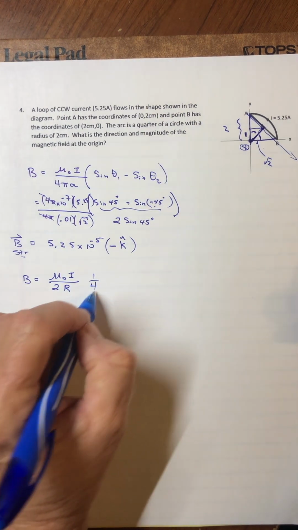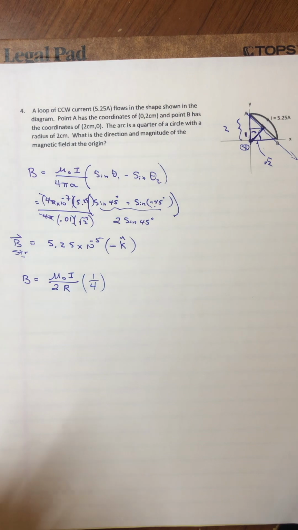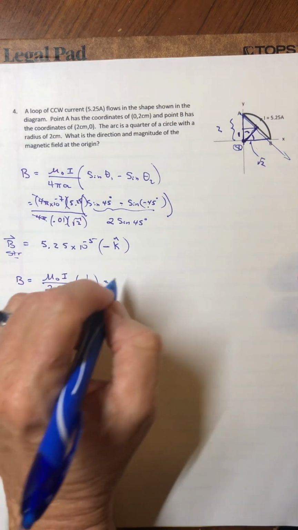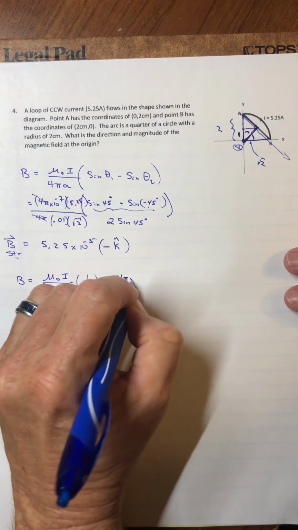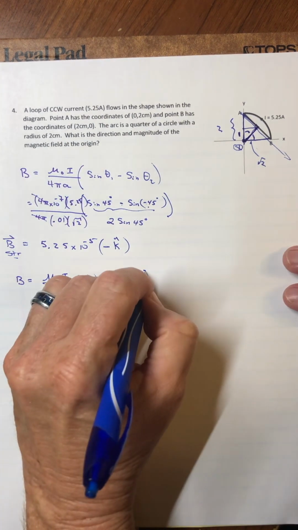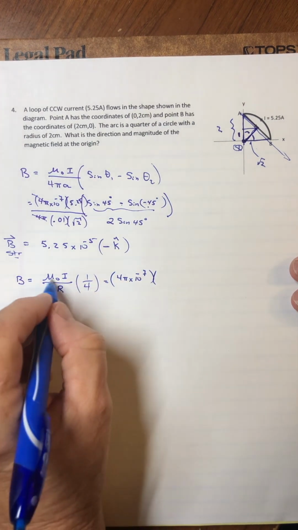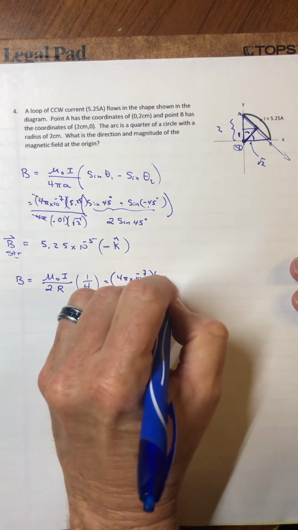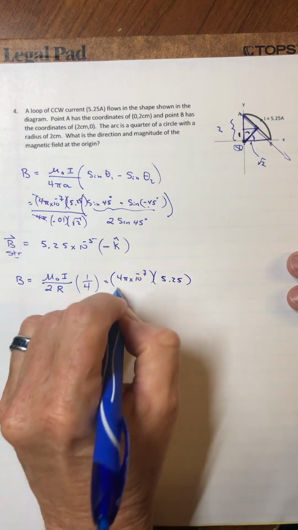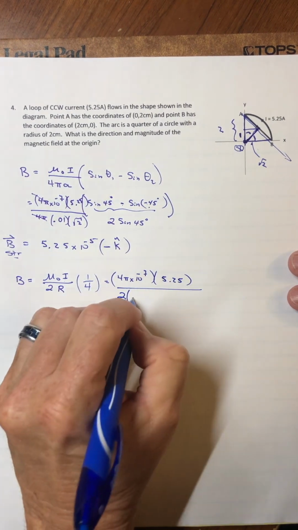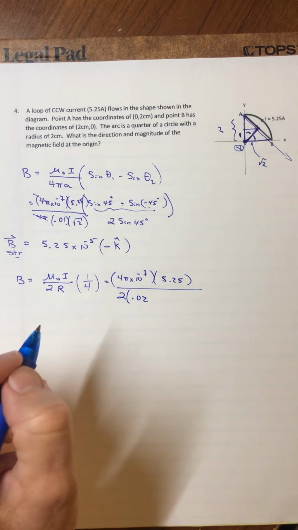We don't have a full circle, we have a quarter of a circle. So I'll put a little factor there. So we have 4 pi times 10 to the negative 7 for the permeability of free space, the 5.25 for the current. The radius is 0.02.